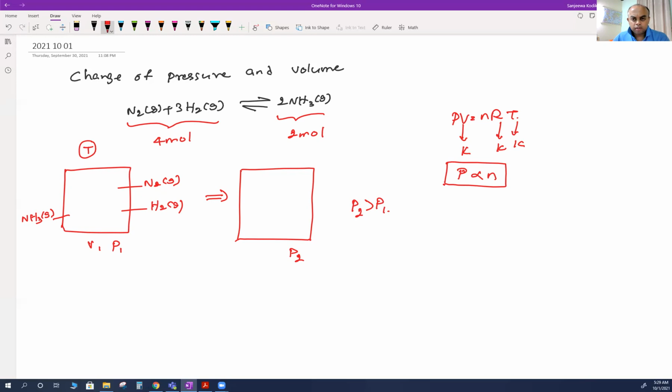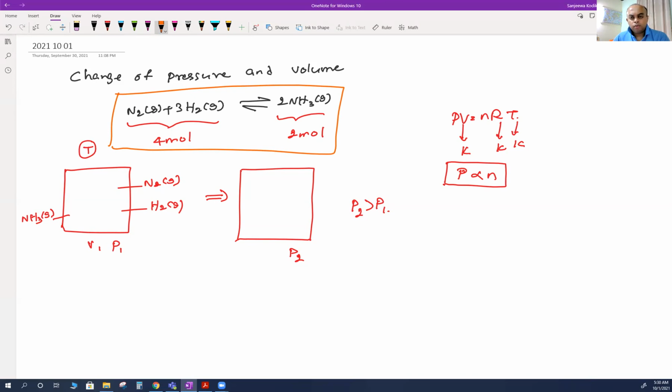Now, if you look at the equilibrium again, the product side has 2 moles and the reactant side has 4 moles. So if the system moves towards the products, it can reduce the total number of moles, and it can reduce the pressure as well.